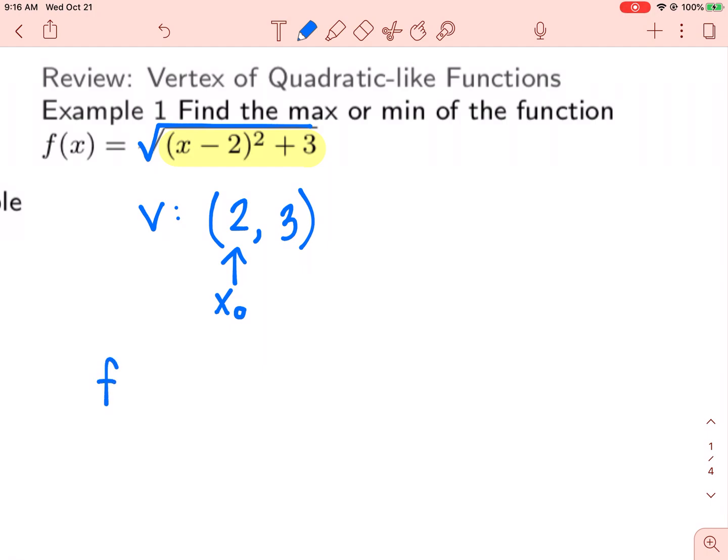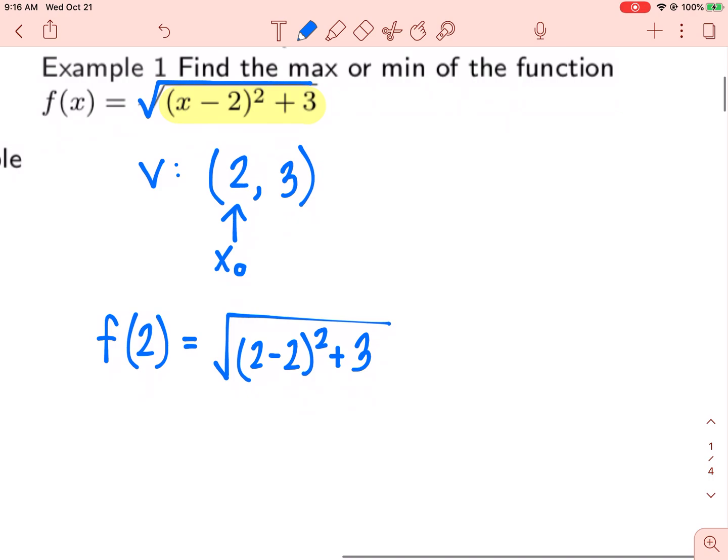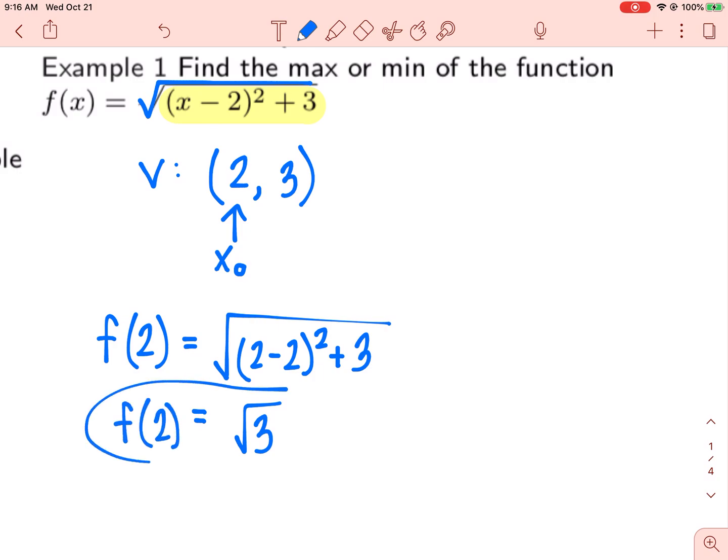However, the y value will change. I'm going to plug in my x naught of 2, that same x value. When I plug it in, 2 minus 2 squared plus 3, I get that if I plug in 2, my value will be root 3.